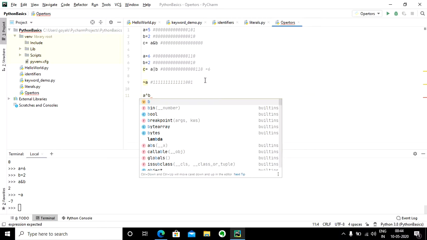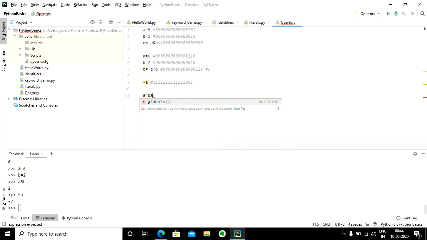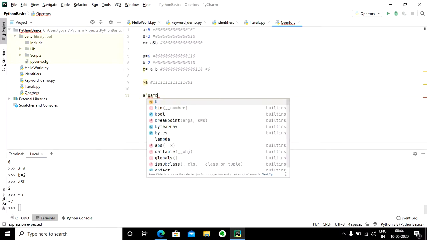If both the bits are the same, it is going to be 0, and otherwise it is going to be 1. If I perform A XOR B, the output would be 4.